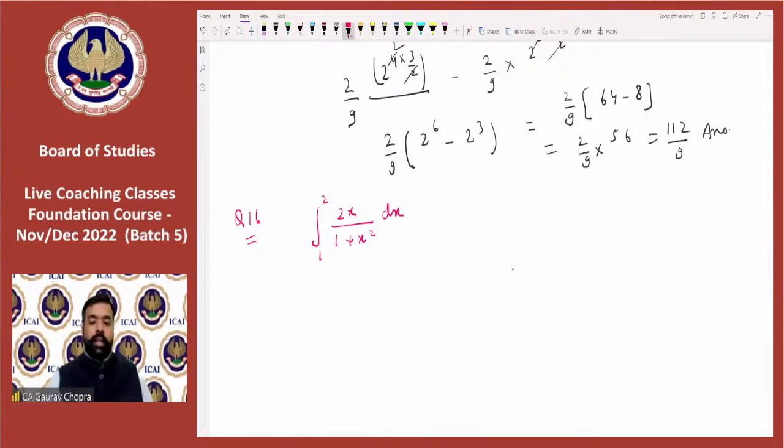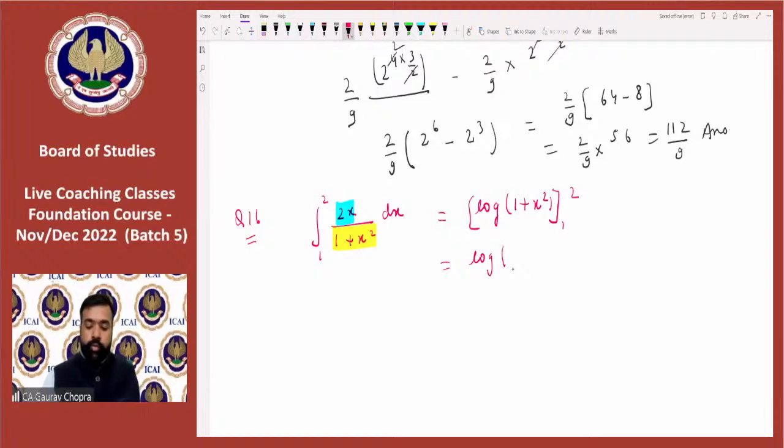So we can clearly see that the differentiation of the denominator is available in the numerator. The differentiation of 1 is 0 and for x square it is 2x. So this 2x is available in numerator. So that is why we can directly write the result as log of 1 plus x square, limit from 1 to 2.